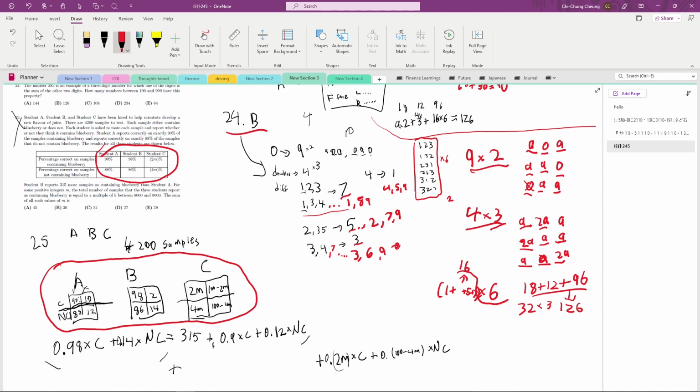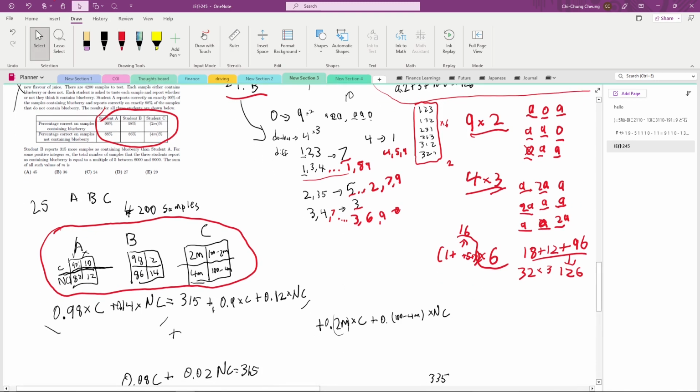For some positive integer m, the total number of samples that the three students report as containing blueberry is equal to a multiple of 5 between 8,000 and 9,000. And the sum of these values m is what? Okay, that was pretty confusing. So let's just see what we have.